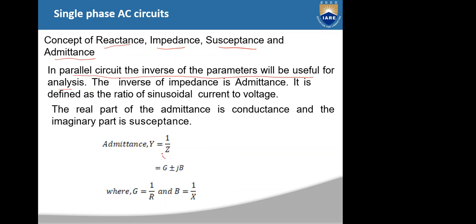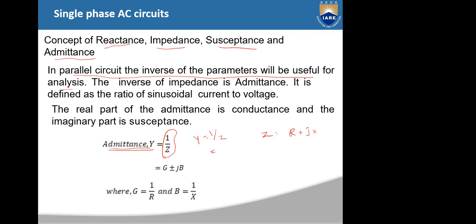The inverse of impedance, we are calling it the admittance. So we are representing that with Y. So Y is equal to 1 by Z here. What is Z? Z is equal to R plus j into X, na?